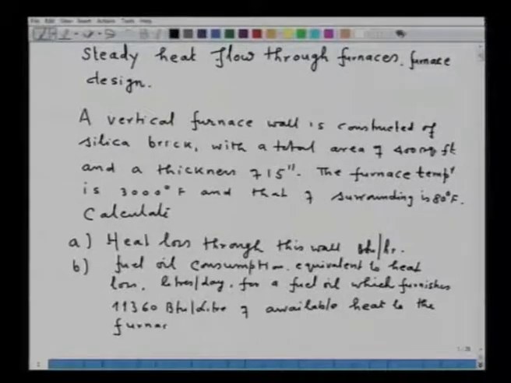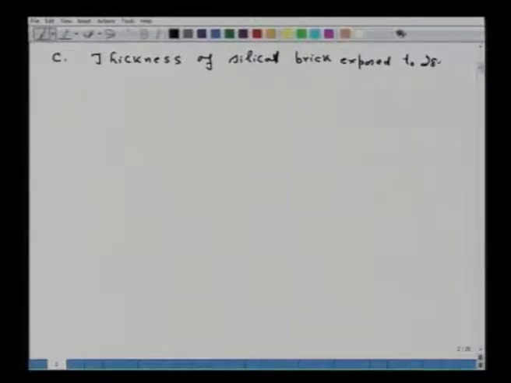And C, you have to calculate the thickness of silica brick exposed to 2800 degree Fahrenheit.